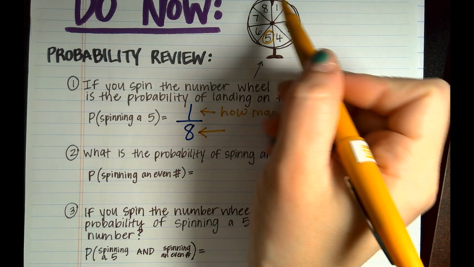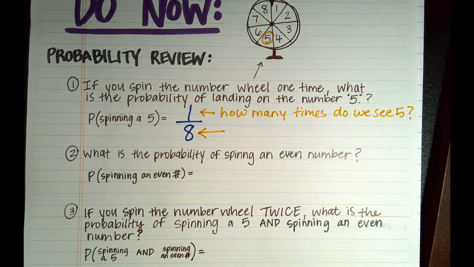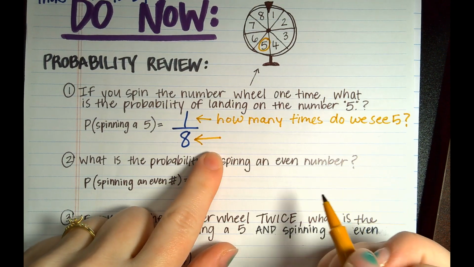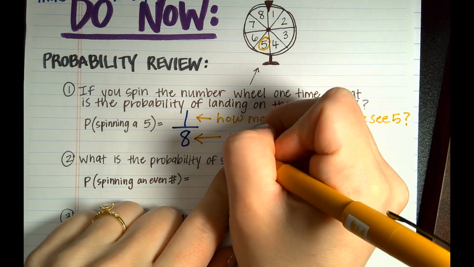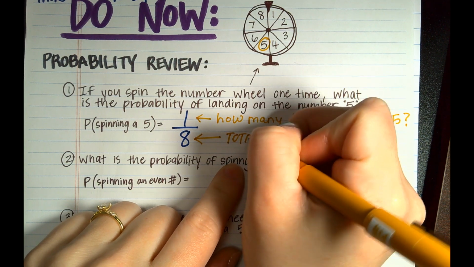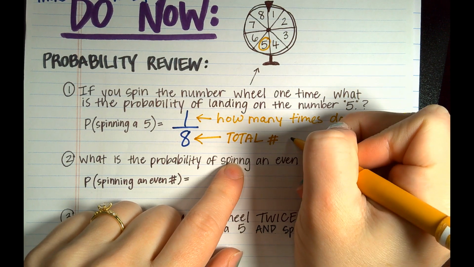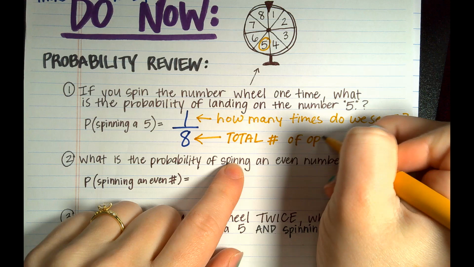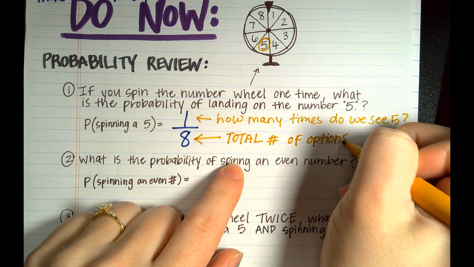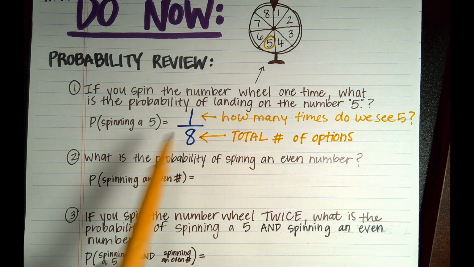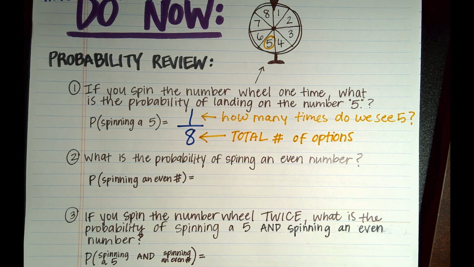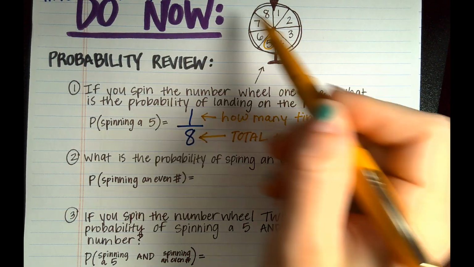Yeah, there's 8 spaces, there's 8 possible outcomes. So that bottom number tells us how many options are there. So total number of options. So the probability of spinning a 5 is just 1 out of 8.